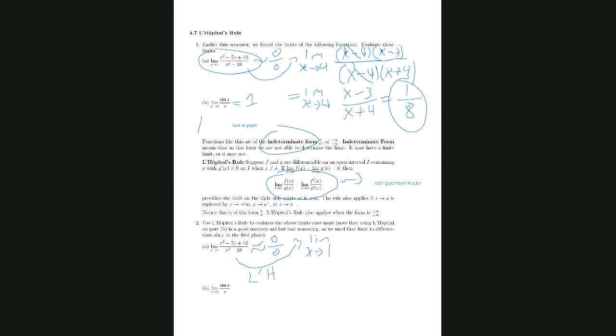All right, and this says that we can take the derivative of the top and bottom. All right. So what's the derivative of x squared minus 7x plus 12? 2x minus 7, good. And 2x for the bottom.